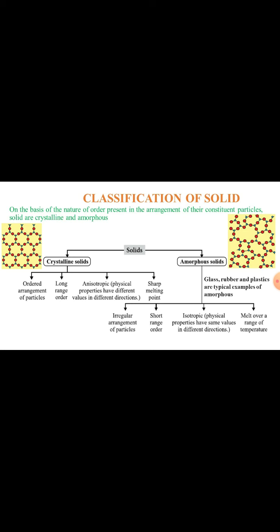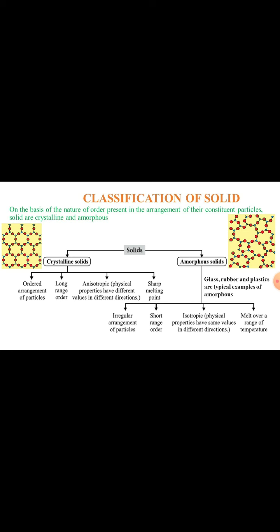This is due to different arrangement of particles in different directions. And lastly, sharp melting point. That is, if the melting point of any compound is 30 degree or 40 degree, that means at 30 degree or 40 degree that solid melts.